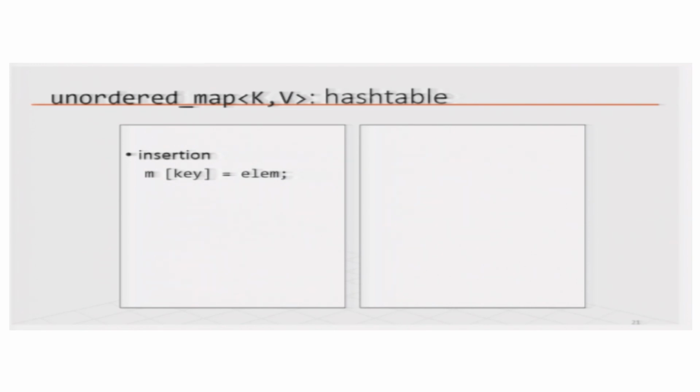In this case it is called an unordered map, and it has two different types. K is the type of the first element or first column, and V is the type of the second column. So, if the first column is a string and the second column is an integer, like Bob and his amount, then we will have the string and the integer.